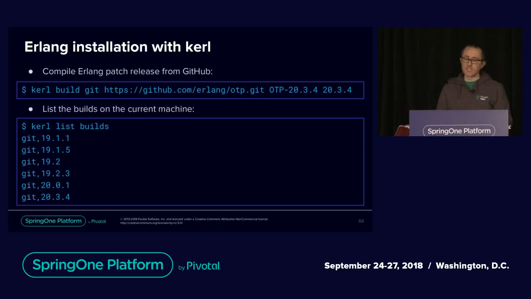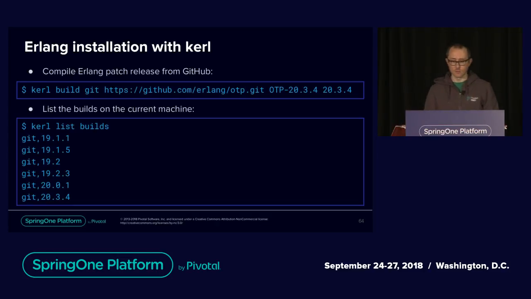So the first command here compiles Erlang from GitHub with this tag, so version 20.3.4. The second argument, 20.3.4, is actually the ID on your laptop.